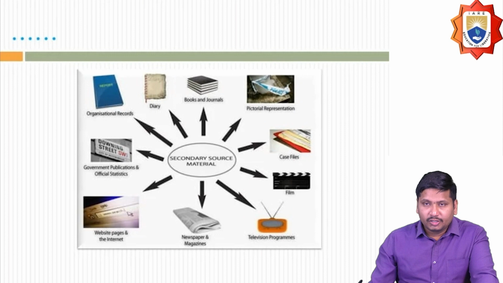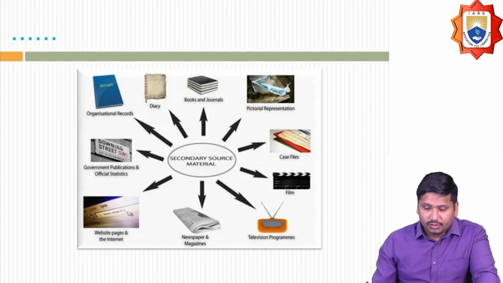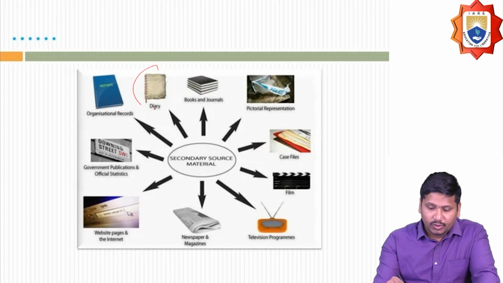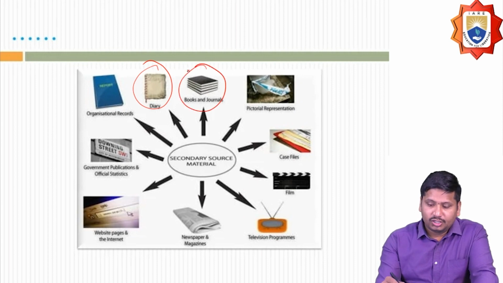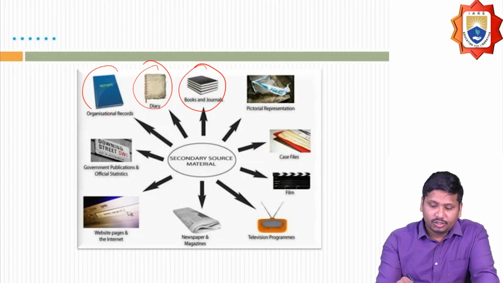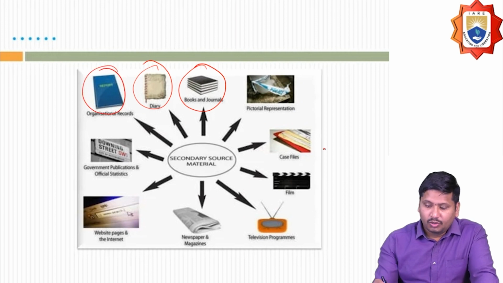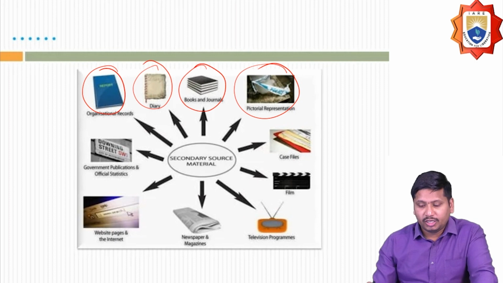So by seeing this picture, you can easily extract what the data is, how we are going to extract the secondary data. For diaries, the data extracted from the diary should be secondary, and books and journals are also secondary. Organizational records and pictorial representation, the data extracted from pictures, should also be treated as secondary.